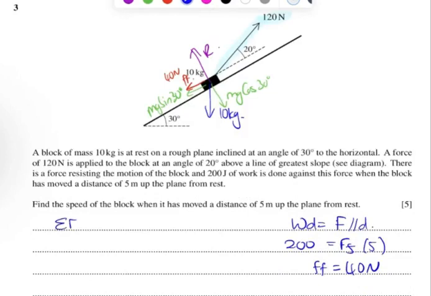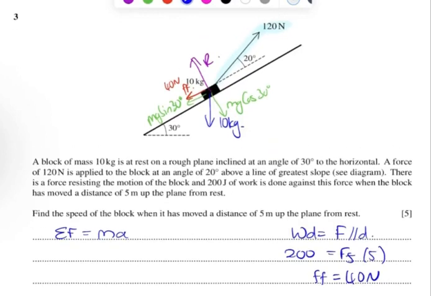We can look at the sum of the forces is mass times acceleration, and I'm going to look in my line of motion. So if I look at all the forces in my line of motion, that's up the plane, what have I got? I've got minus my mass component, minus mg sin 30. I've got my friction acting down, and then I've got 120 cos 20 acting up.